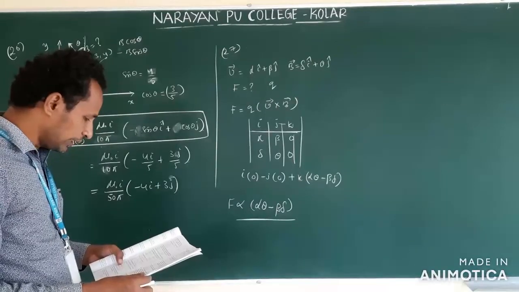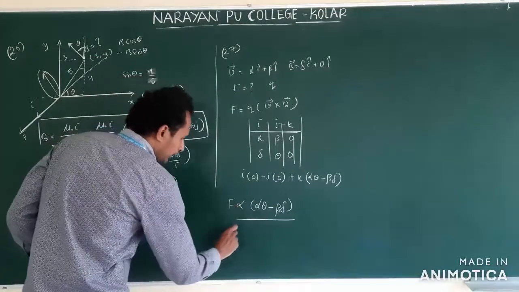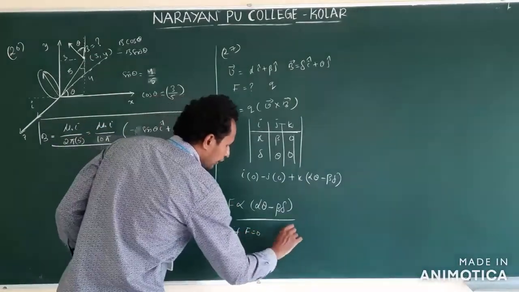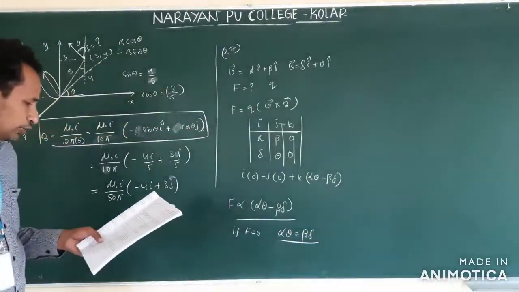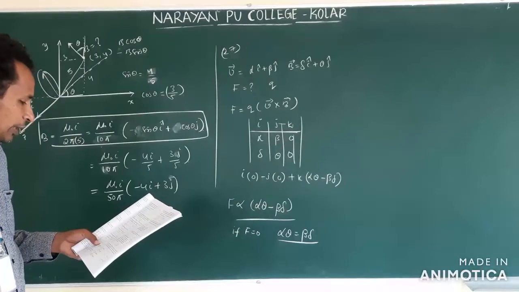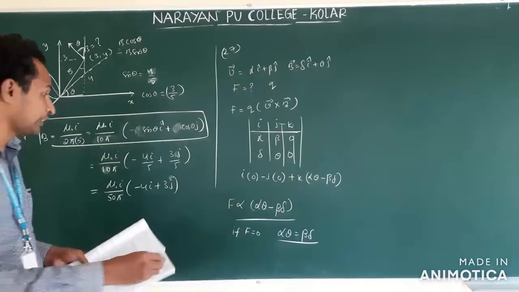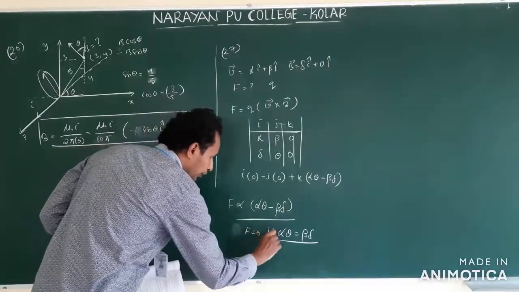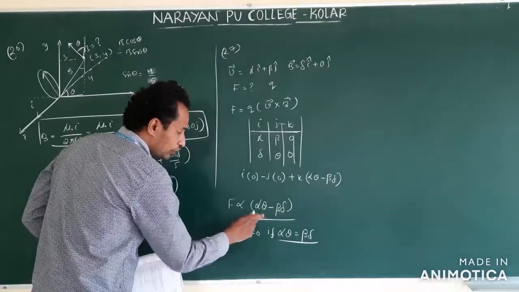Clear? Next, if F is equal to 0, what will happen? Alpha theta is equal to beta delta. So the first option says if alpha theta is equal to beta delta, then F is equal to 0.